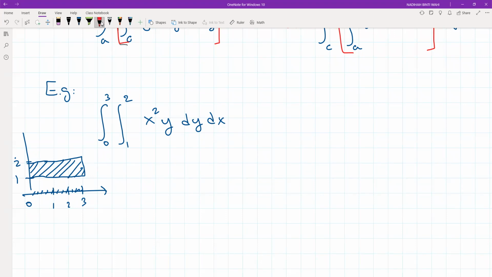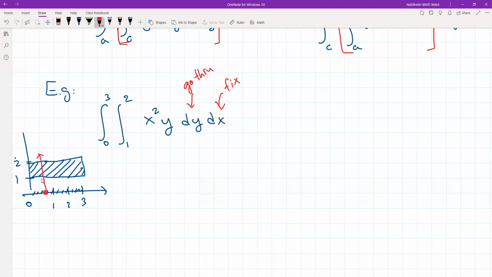Kenapa saya lukis? Sebab awak boleh nampak dia punya ni. Okay, maksudnya apa? Maksudnya saya nak fix x constant. So saya ambil constant kat mana nilai x. So let's say I put x in this case, and then I go through y axis. So this is fixed, and then go through.